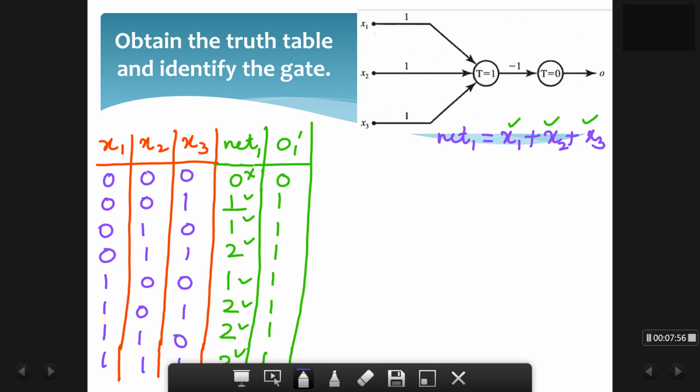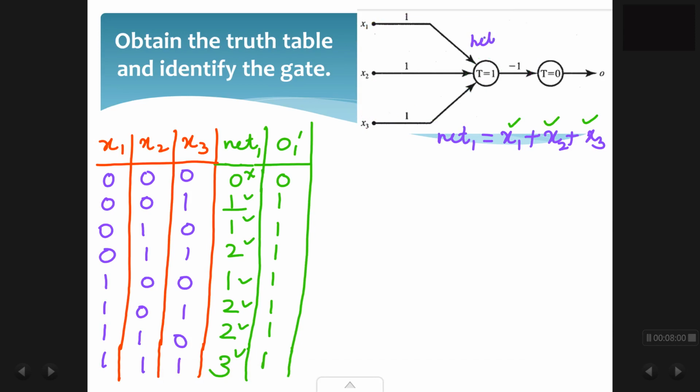Next we have to calculate the other part. Now this is net 1, this is O1 dash, this is net. So we have to find the equation for net. Now what is the equation for net? This O1 dash is getting multiplied with -1 and it is going to this neuron.